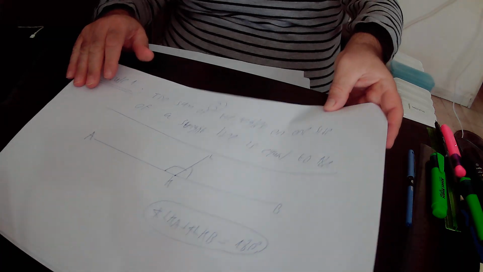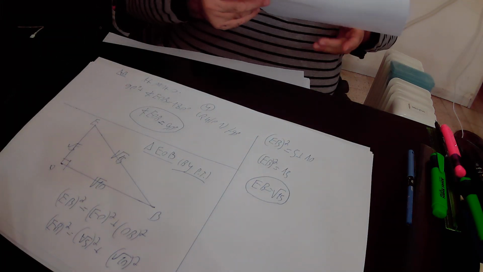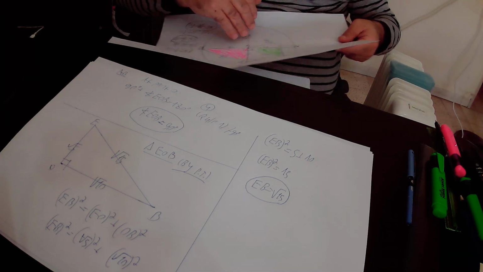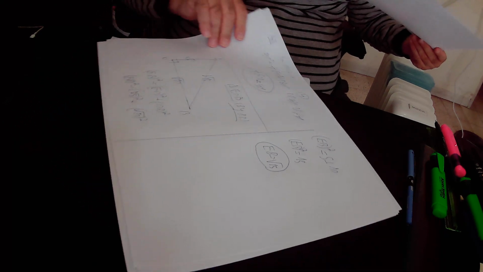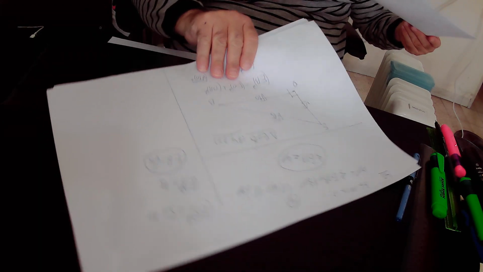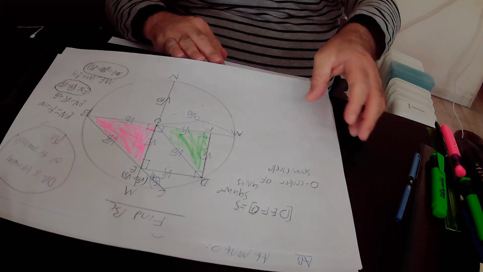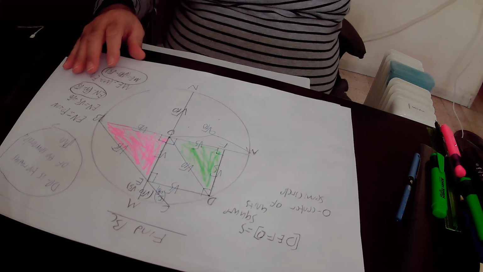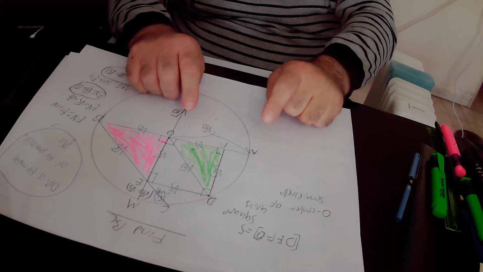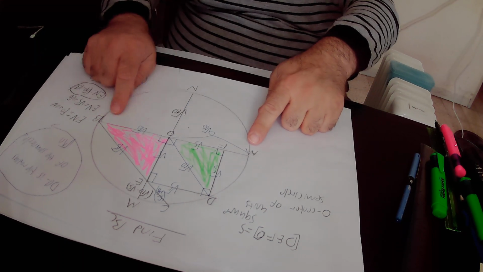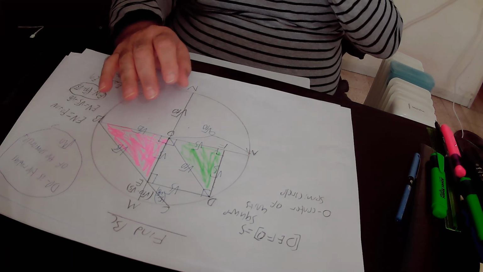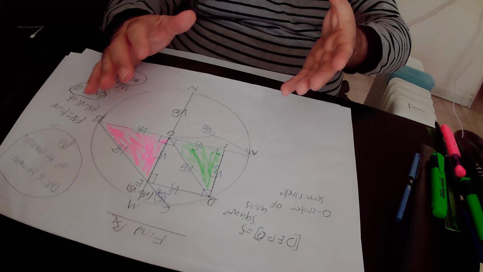Why? Because in our drawing we have this semicircle. Here AB is the diameter of the semicircle.